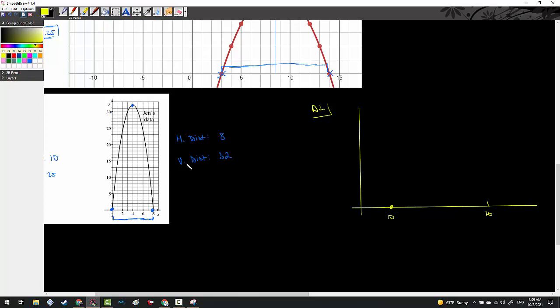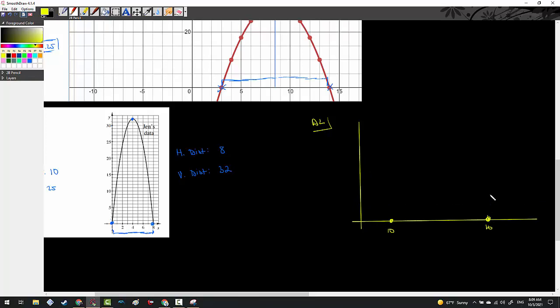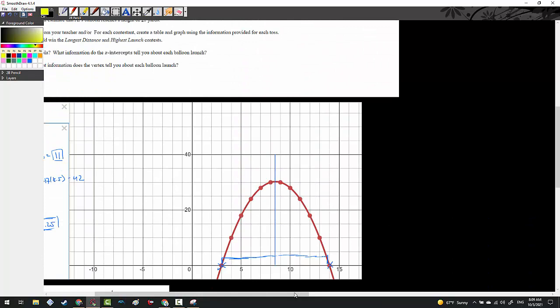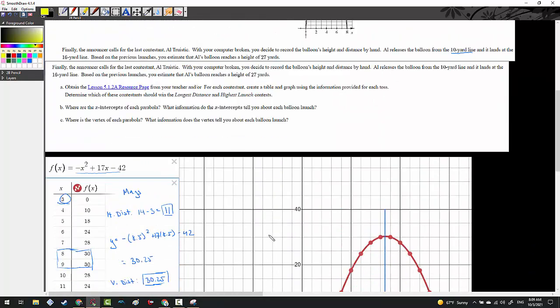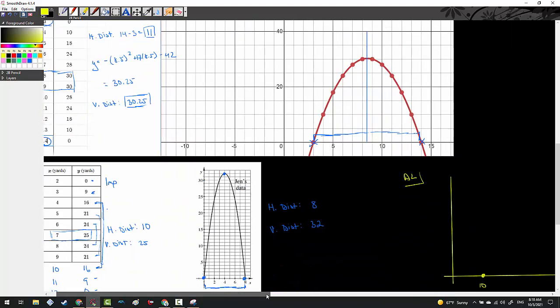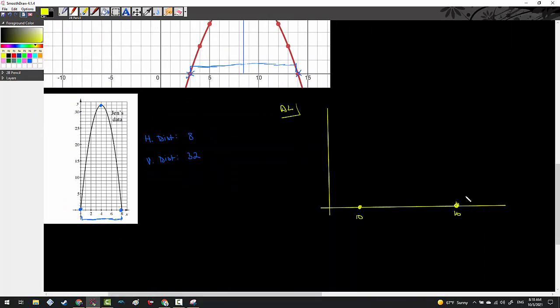And I think I just realized that all of this is in yards, not in feet. My apologies. So from here, we know that it reaches a height of 27 yards. So here's the thing, what you're supposed to get out of Al's graph is that notice the distance here.